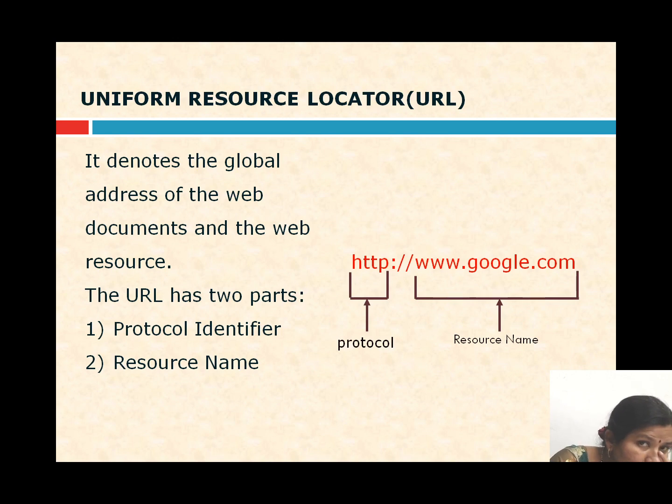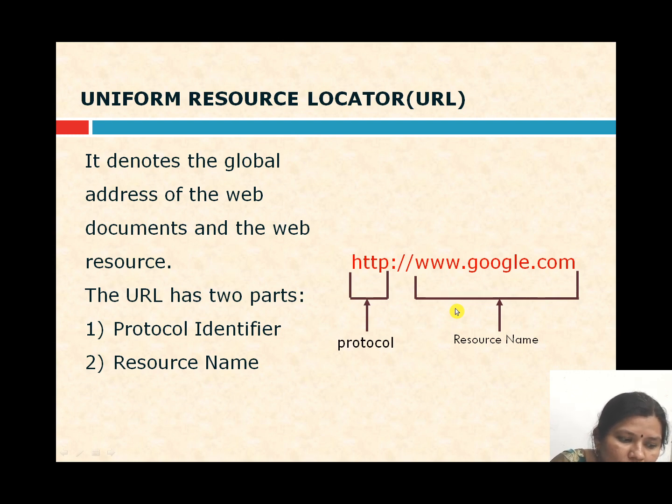Next one is Uniform Resource Locator. This denotes a global address of web documents and web resources, and it is the main means of identifying a resource on the web. It has two parts: a protocol identifier and a resource name.